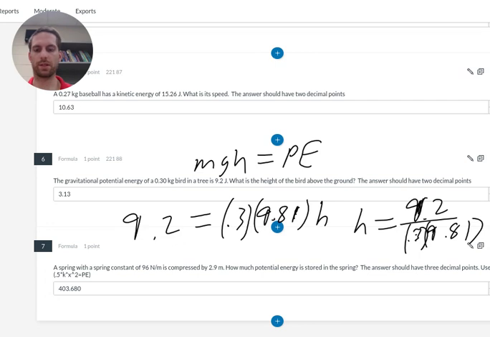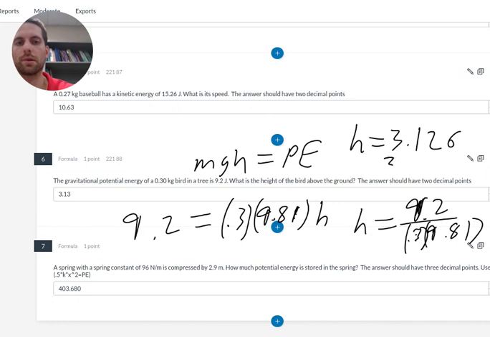So open parentheses, 0.3 times 9.81, close parentheses, 3.126, and if it's 2 decimals, it's 3.13 meters.